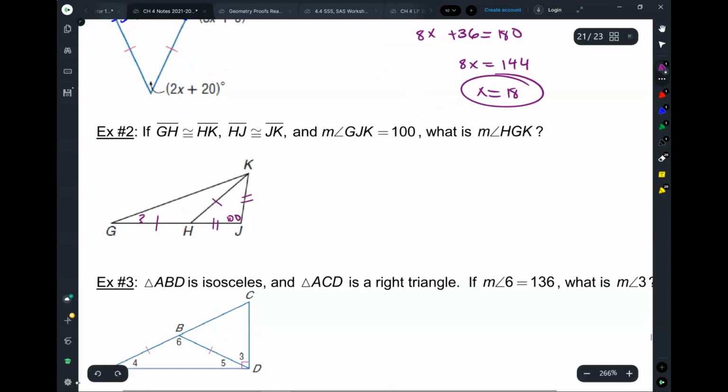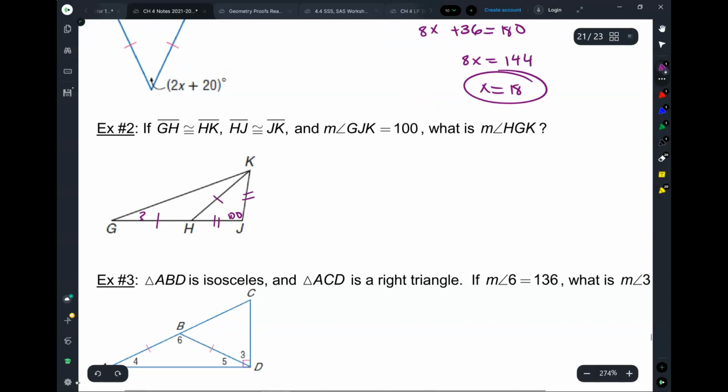So if I make this a little bit larger, this triangle to the right is an isosceles triangle, and these two are the base angles.